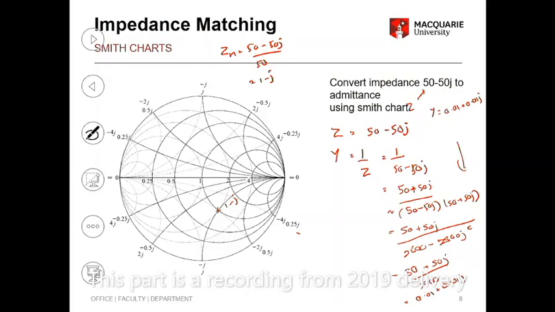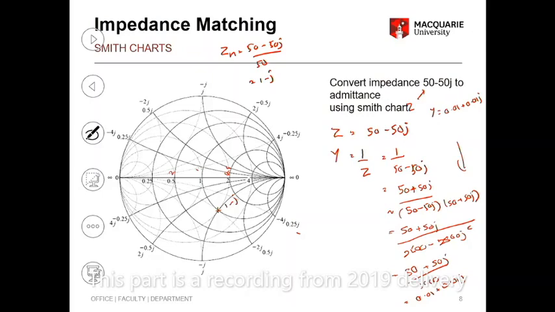Now if I go back to the light dotted lines, the conductance at this point would be what? It's not 2 because it doesn't show both the axes. So when you have 0.25, it goes the other way. So if it's 0.5, 1, 2, likewise it goes the other way for the admittance chart. So it's 0.5.